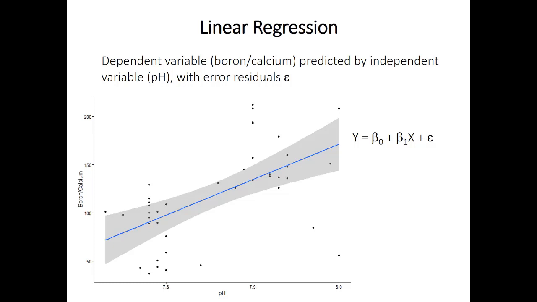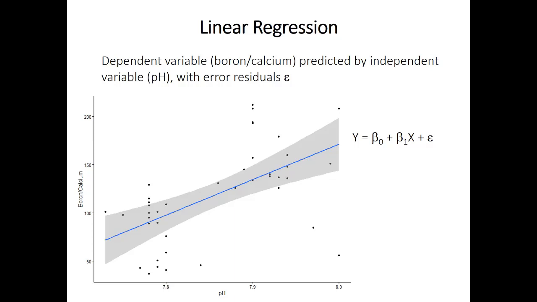So as our goal is prediction, or in this case, as we may think that there is a causal relationship where one influences the other, we'll fit a linear model with some intercept called beta 0, some slope called beta 1, and then minimize the sum of squares of the residuals, this error residual term here. Remember, residuals are the distance from each point down or up to the regression line itself.